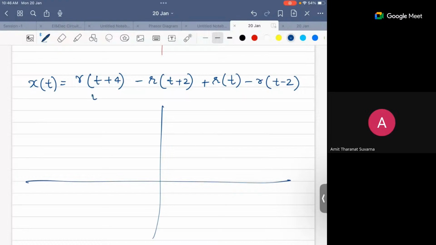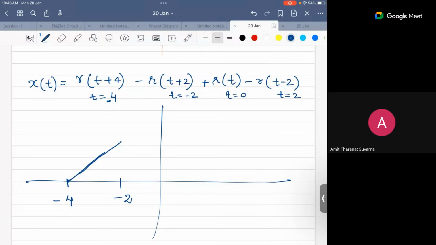You can see that there are points at t equals minus 4, minus 2, 0, and 2. At minus 4, it will gain a slope of 1, so it will start like this. At minus 2, what will happen? It will go till a slope of 1. Now what will happen? Can you please mute yourself?